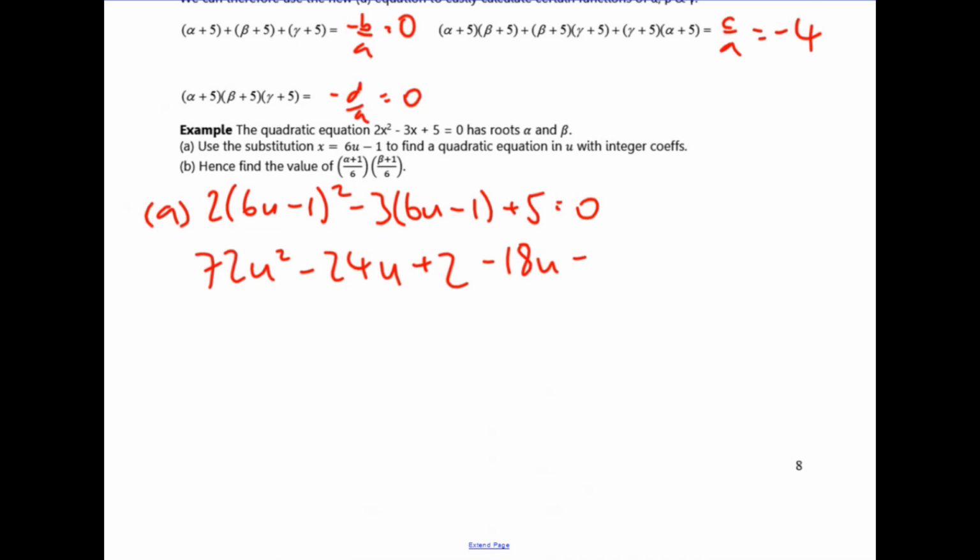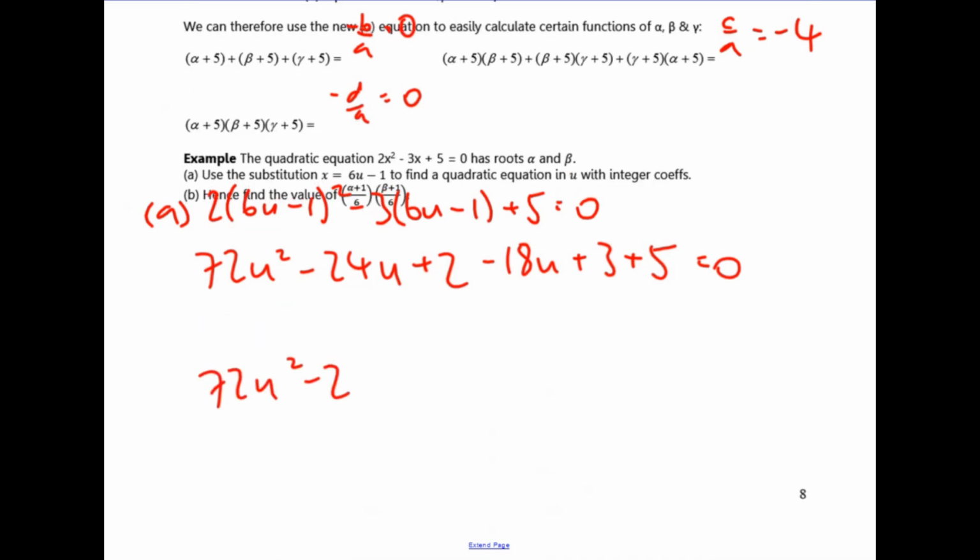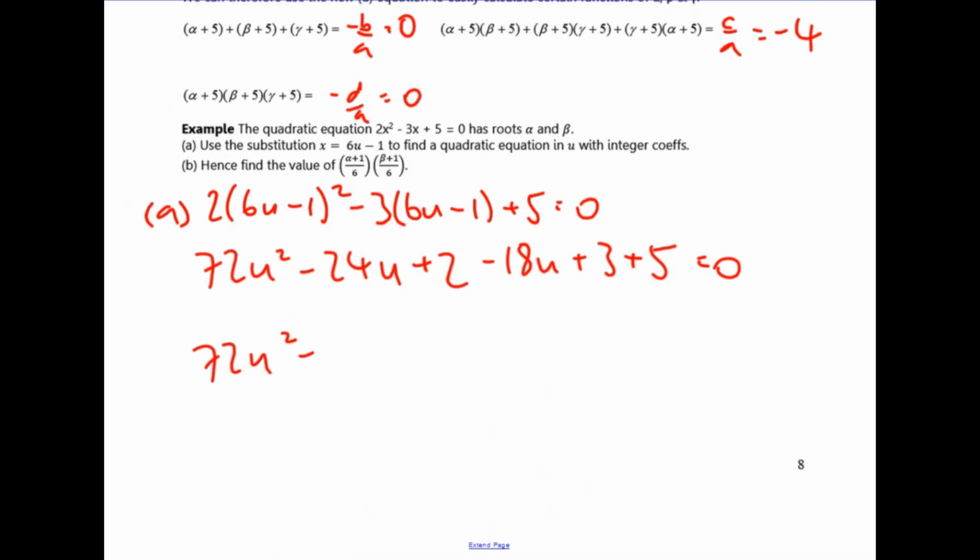Minus 18u plus... tidy this up so I'll get 2u squared minus 42 plus 10. So I'm just going to leave that.